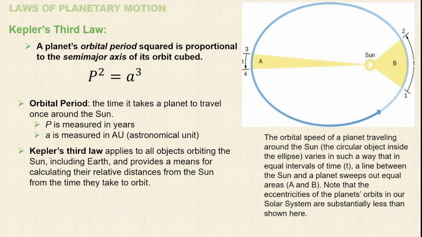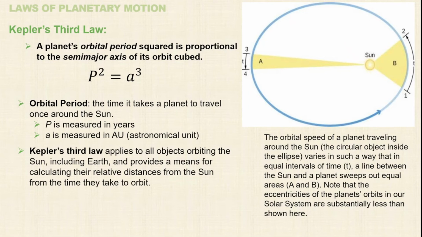Based on the observational data made by him and Tycho Brahe, Kepler deduced that P squared is equal to A cubed. So the square of the orbital period is the semi-major axis cubed.